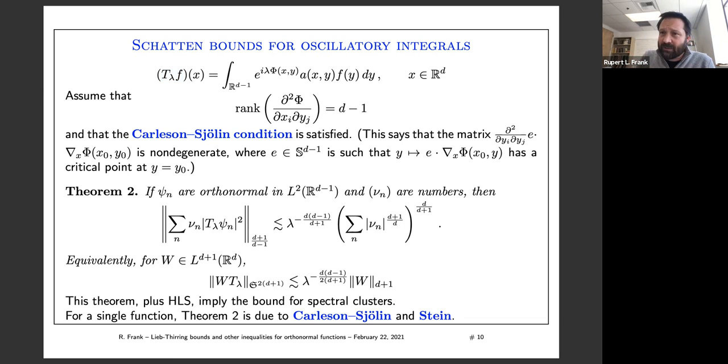I will not talk about this. Even though this is the main technical part of the proof, because as I said before, if you combine this with all we've discussed before, plus a little argument to recover that missing direction, you get back to the spectral cluster theorem.